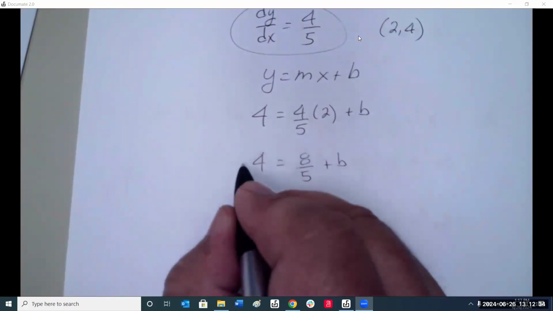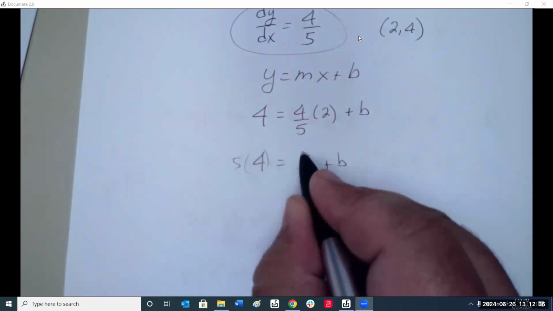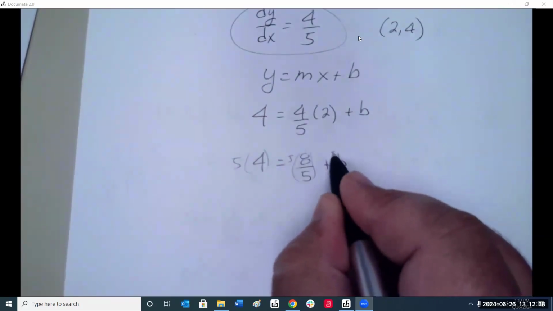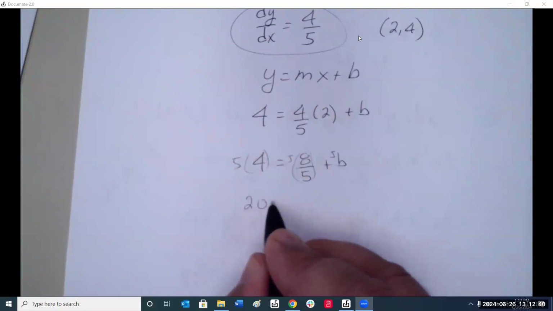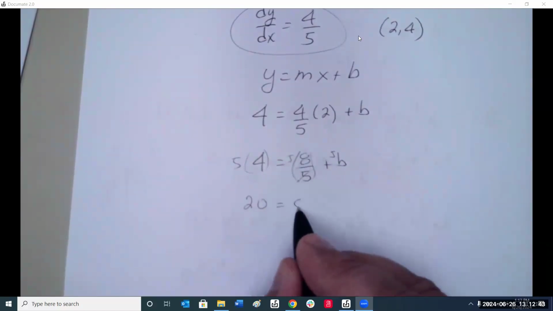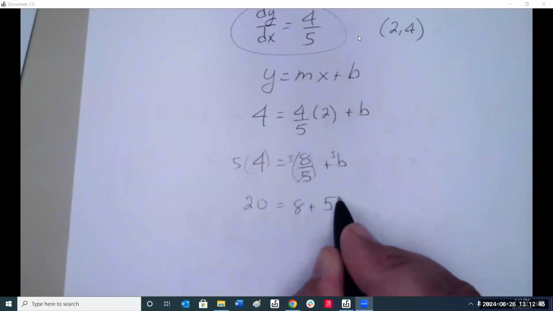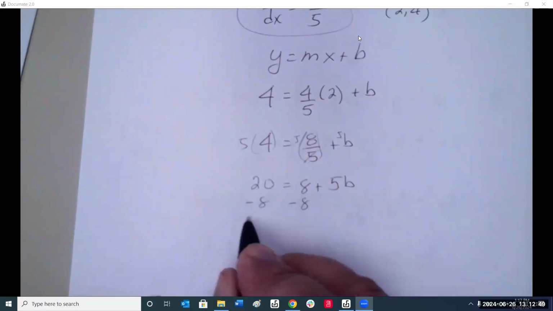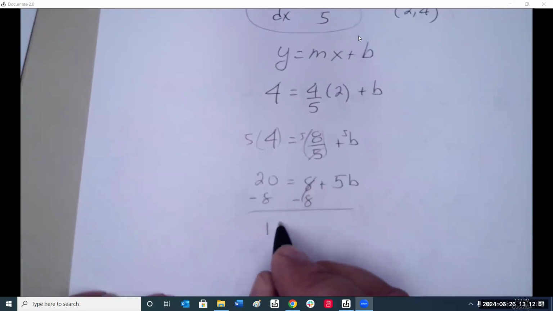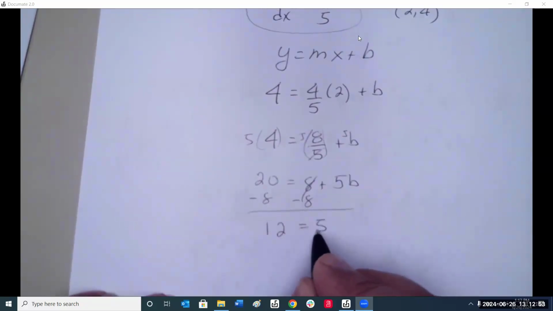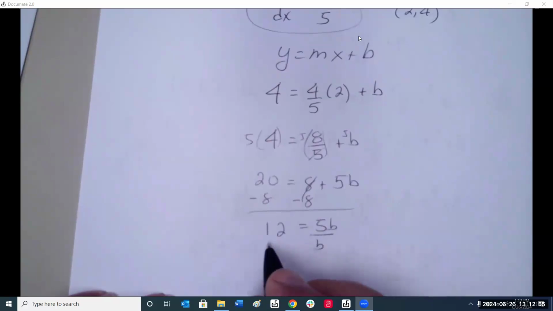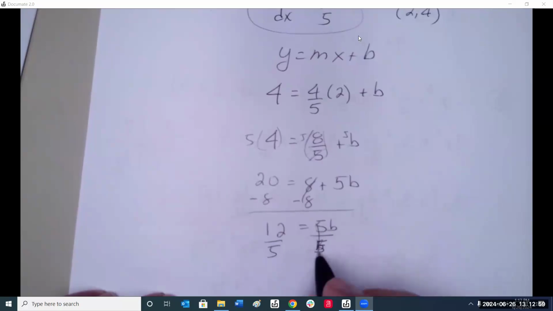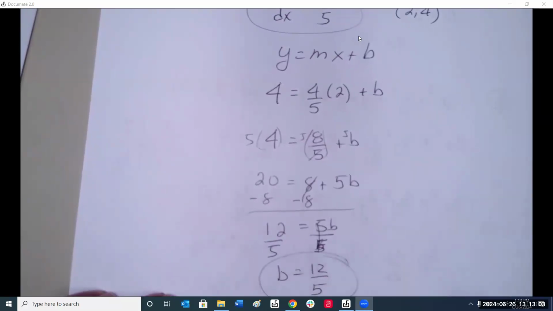Multiply everybody by 5. We get 20 equals 8 plus 5b, minus 8. 12 equals 5b. Divided by 5. B is equal to 12 over 5.